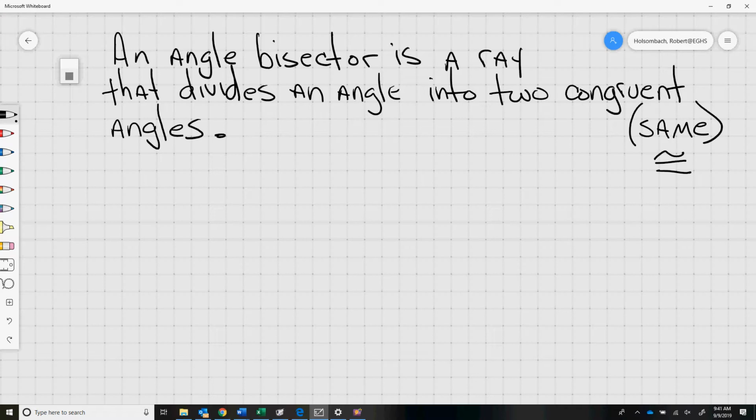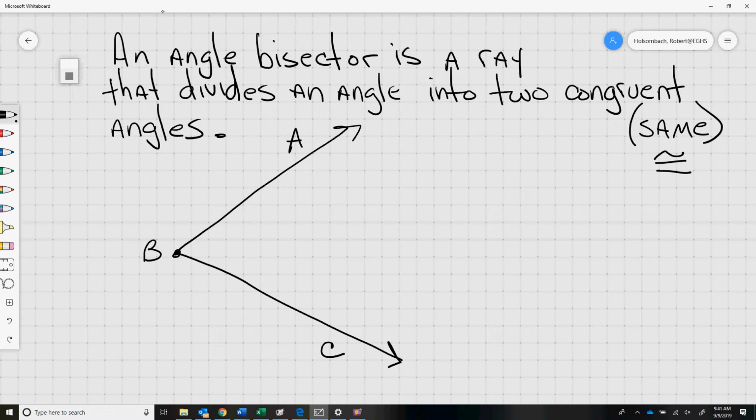So if you've got an angle, this could be angle ABC, and a ray that divides it into two congruent angles. I'm going to try to get this ray to divide it into two congruent angles. Call that ray BD.